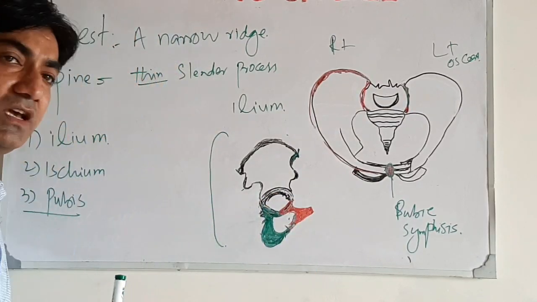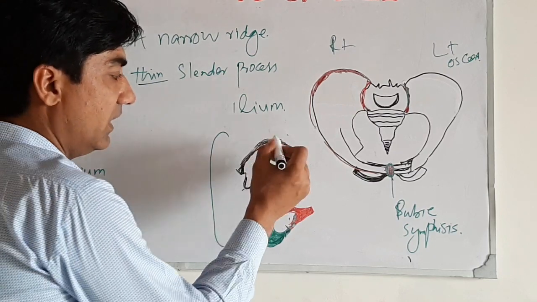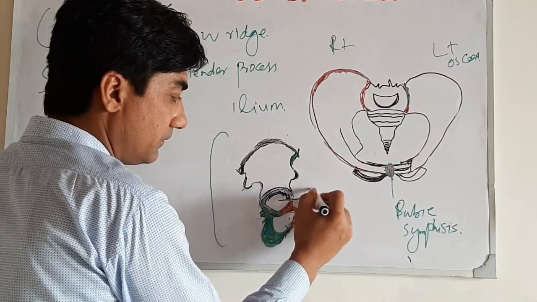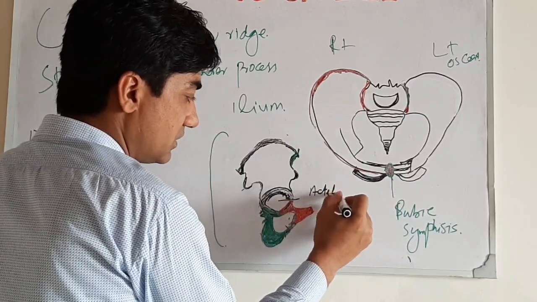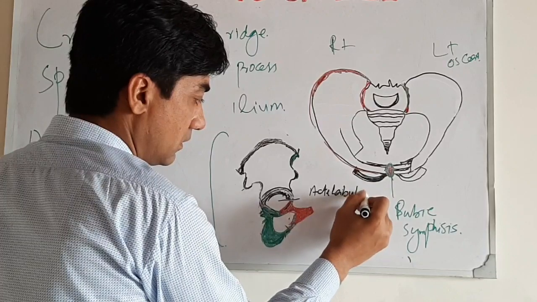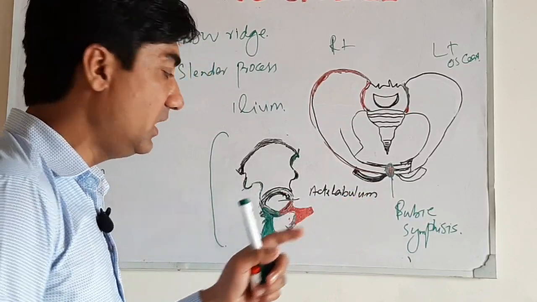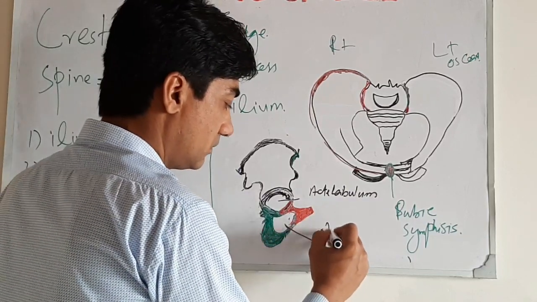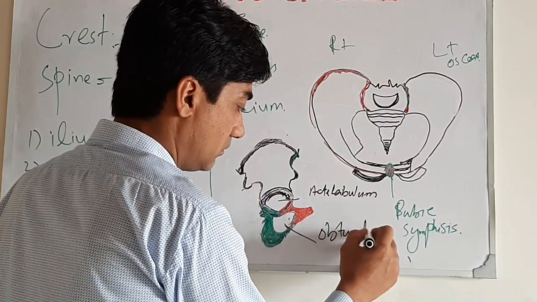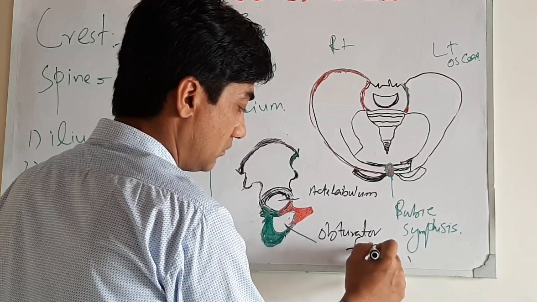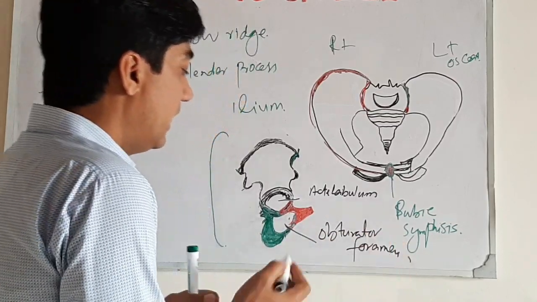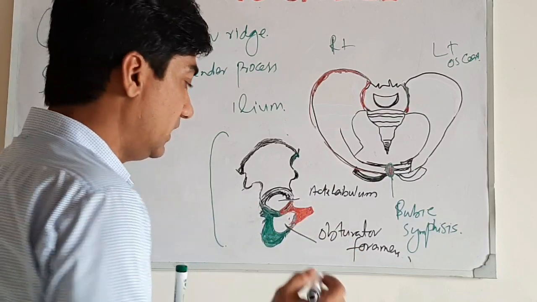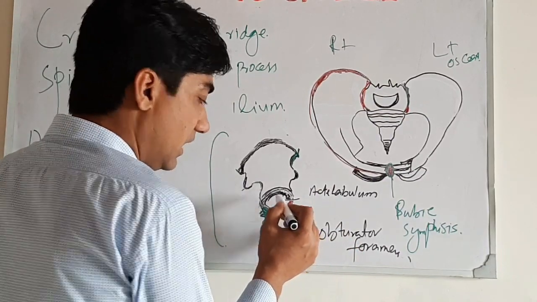There are three distinctive features in this bone: one is the iliac crest, second is the acetabulum cavity, and third one is the obturator foramen. In the acetabulum cavity the head of the femur articulates and forms the hip joint.